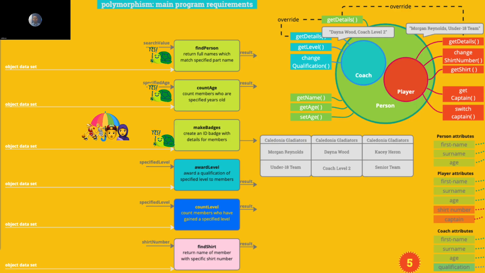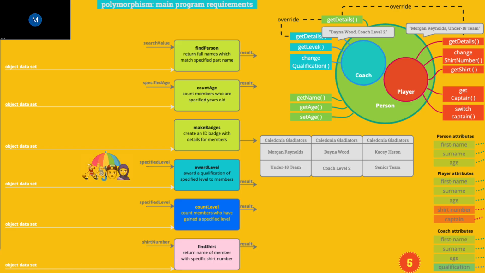They can perform the behaviors needed, and these behaviors are indeed person behaviors. It even works with the overridden behaviors. Players will do the player version, and coaches will do the coaches' version, particularly within that make badges area where we're using get details. Player's going to play and coach is going to coach. This is despite the fact that they're both behaving as persons rather than players and coaches. They will still access the overridden method.